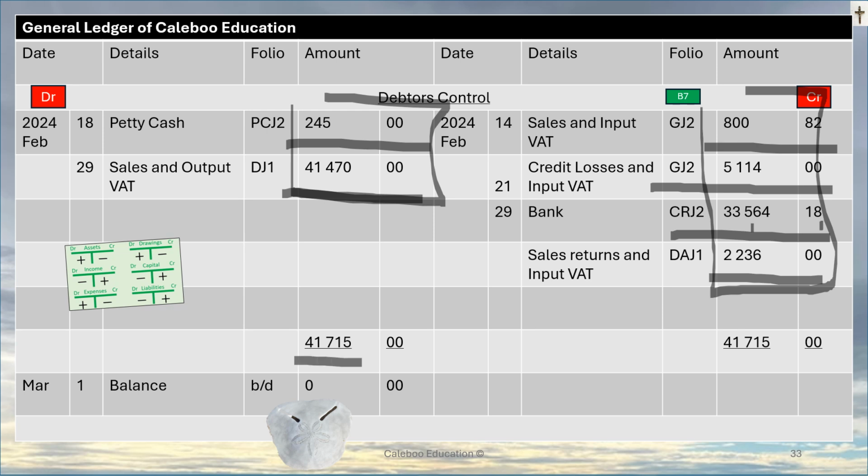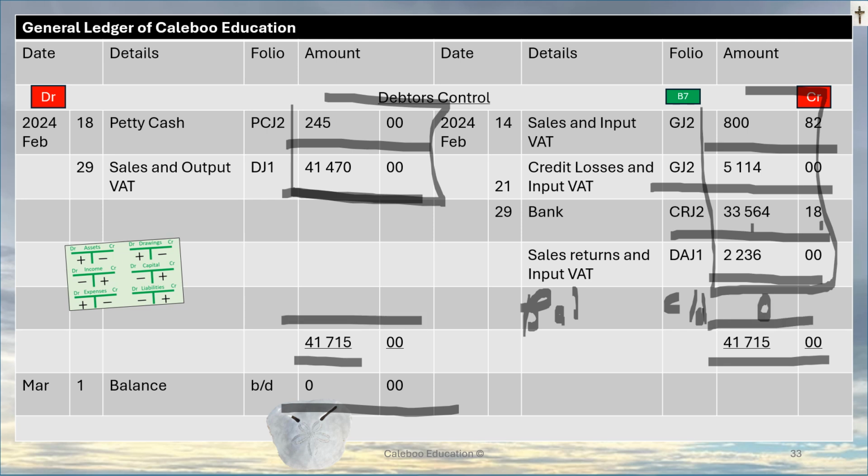You can add up both sides and the balance brought down is 0. What you could have done, if you did want to, you could have written your balance carried down 0, added up the two sides, both sides equal 41715, and on the first day of the next month we have a balance brought down of 0.